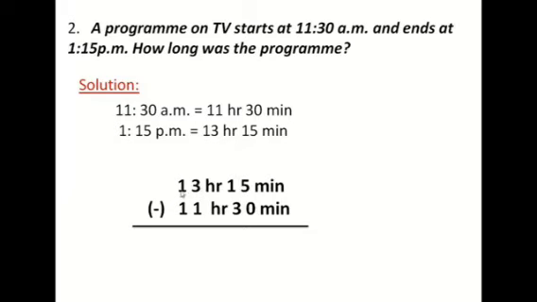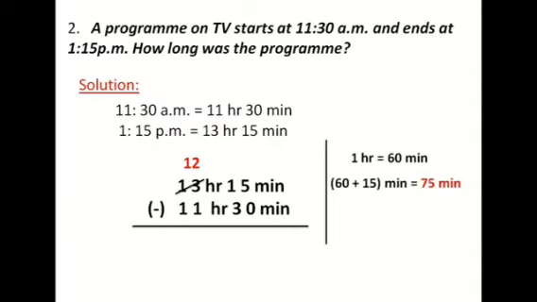We have to borrow 1 hour from 13. So please do that part. 13 will become 12. You know 1 hour means 60 minutes. So 60 plus 15, it will be 75 minutes. Now 75 minus 30, how much is it?